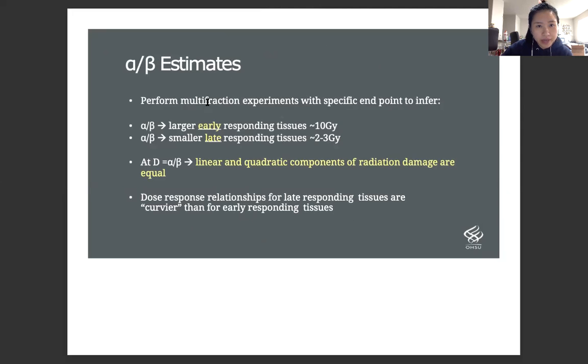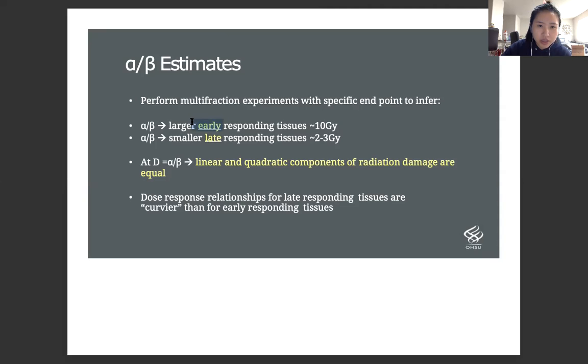Alpha over beta estimates: perform multifraction experiments with specific n to infer alpha over beta. For larger, early responding tissue, it is about 10 gray. 10 gray is early, so what you have to keep in mind are these numbers. If there is a question having you calculate BED, then you will have to use these alpha over beta ratios accordingly.